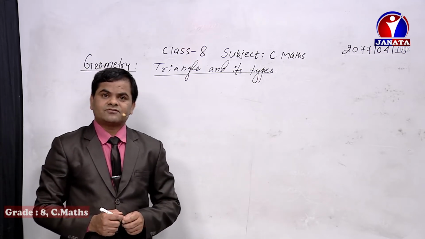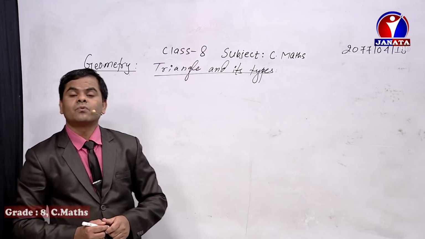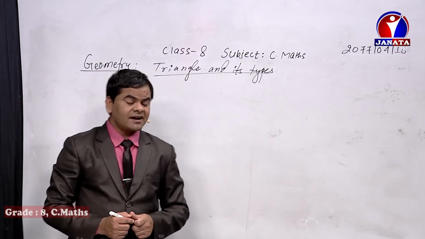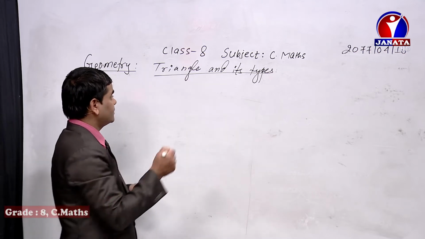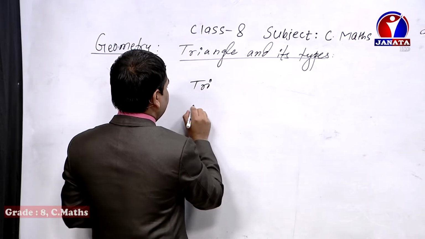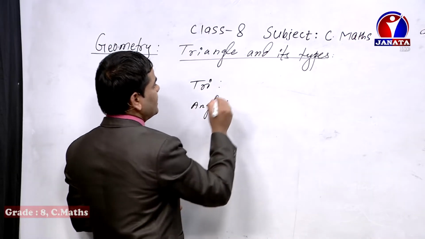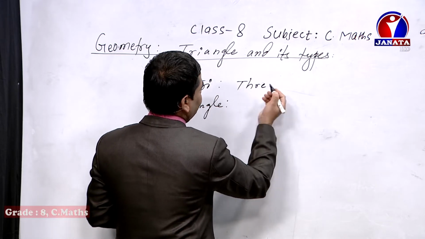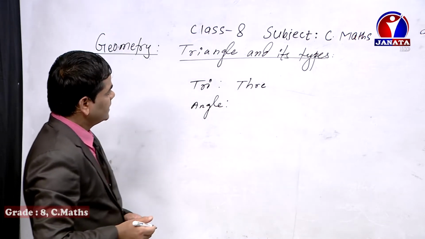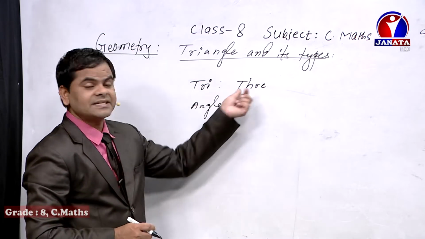Triangle, dear students, is made by two words: tri and angle. The word triangle is formed by tri and angle. Tri means three, and it is a Greek word. If you convert it into English, tri represents three.